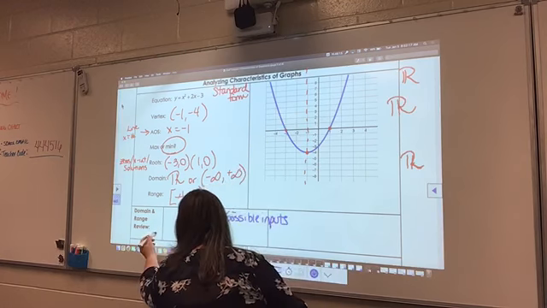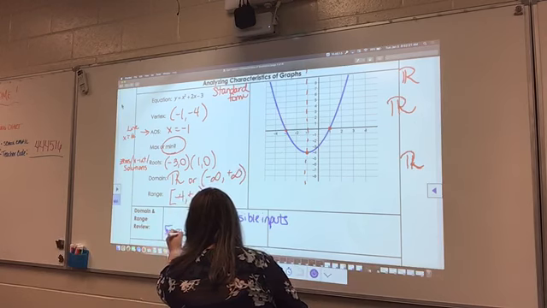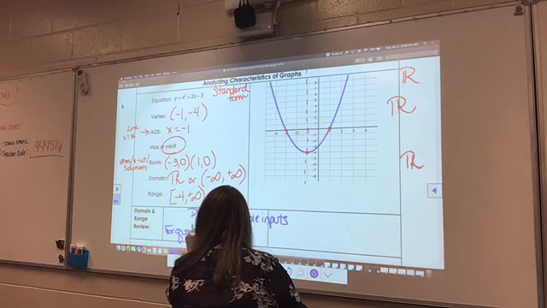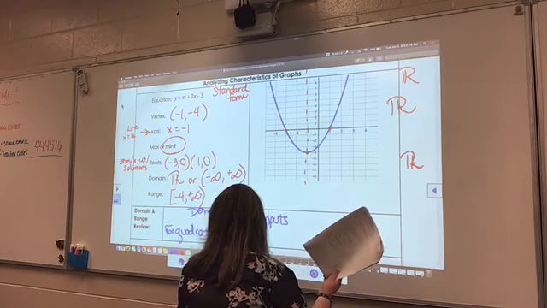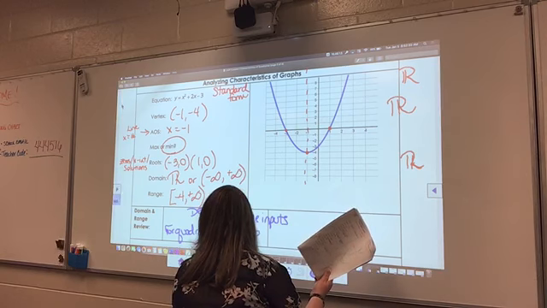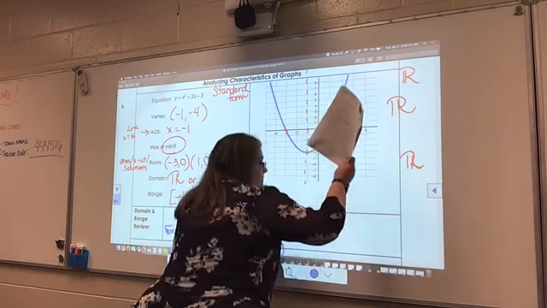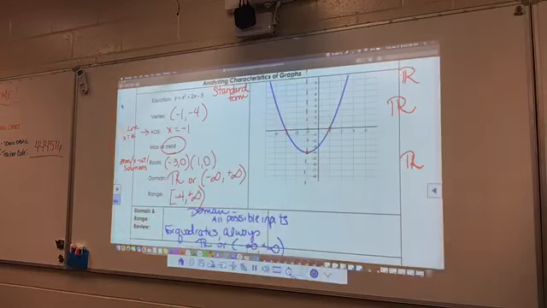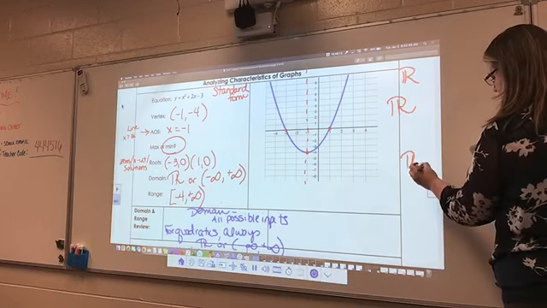And for quadratics, it's always what I just said: real numbers, your fancy capital R, or negative infinity to positive infinity. As you're copying that, I'm going to write down the range. I'll put a different color for you.